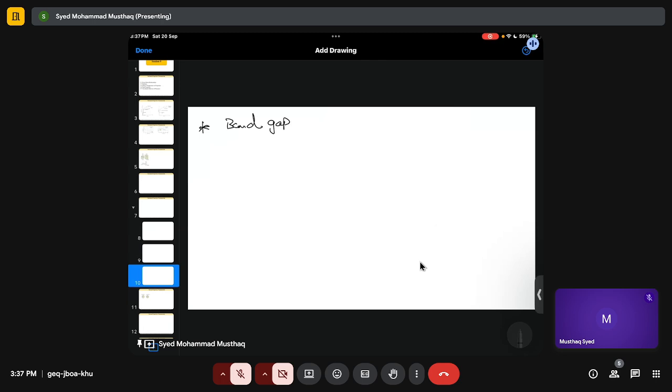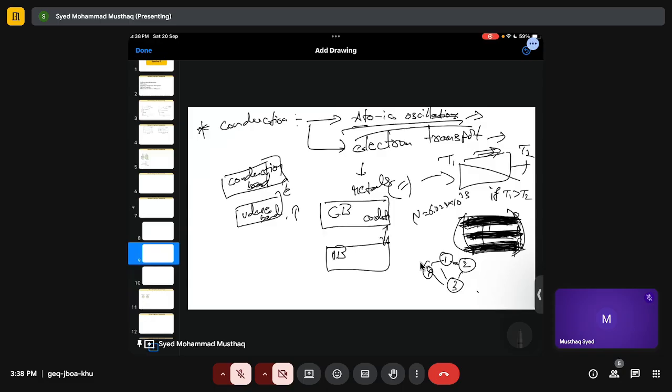Band gap is nothing but the energy difference between the conduction band and valence band, or the highest valence band energy and the lowest conduction band energy, or the highest atomic orbital energy of a valence band minus the lowest atomic orbital energy of the conduction band.